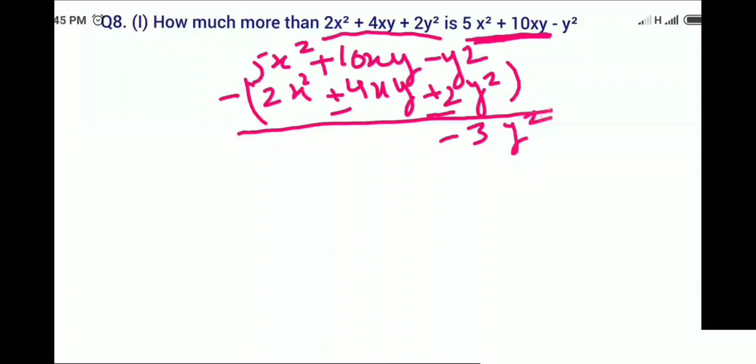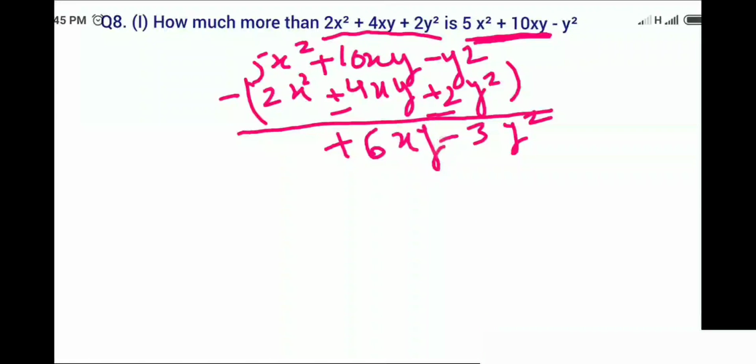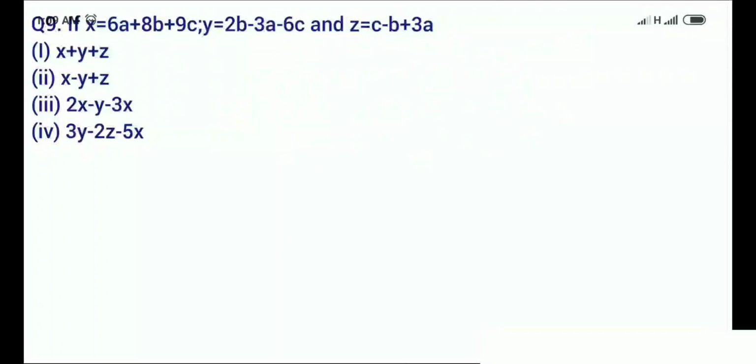Plus 10xy minus 4xy is equal to plus 6xy. 5x square minus 2x square is equal to 3x square.